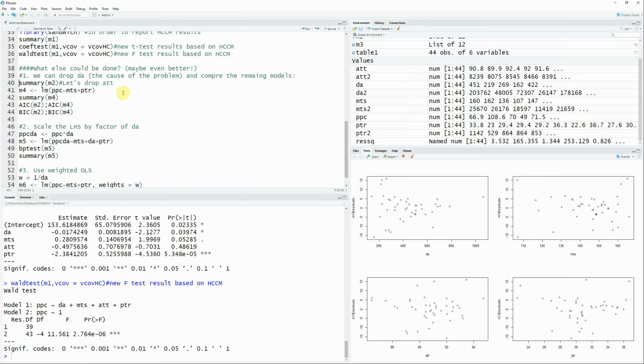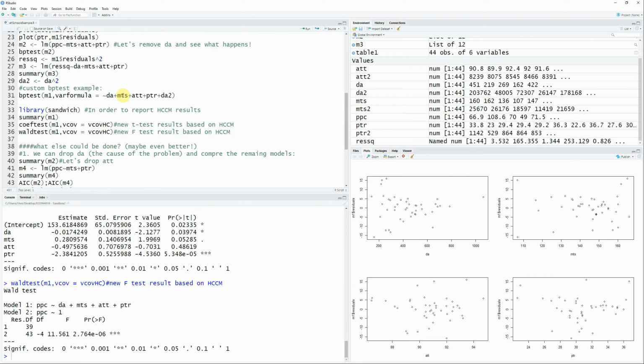When you use the HCCM matrix, you're not doing anything to the coefficient estimates.